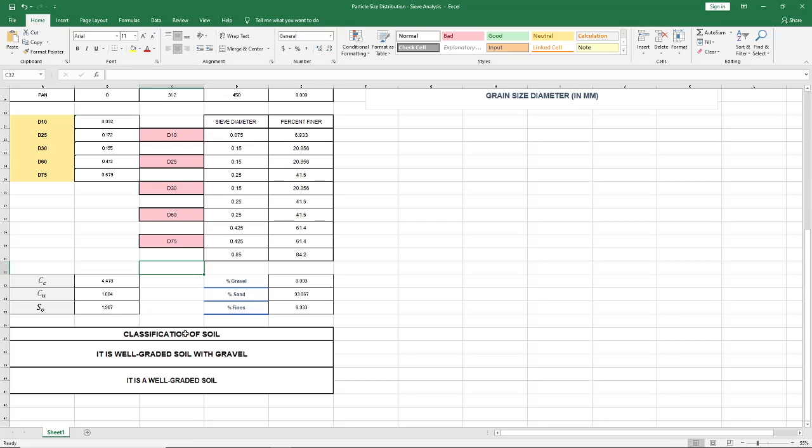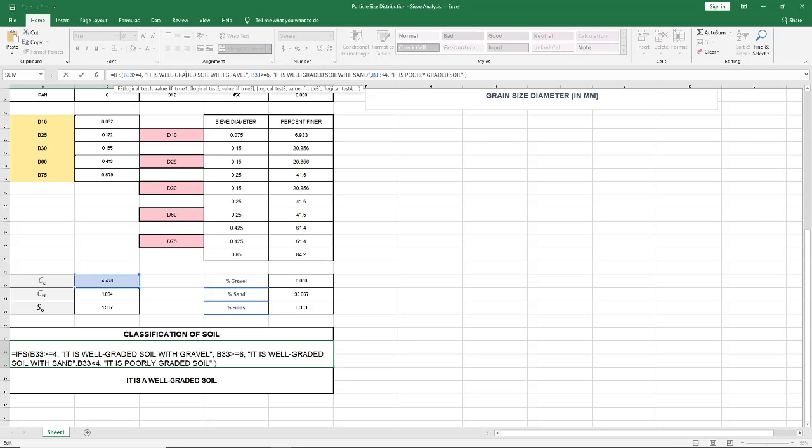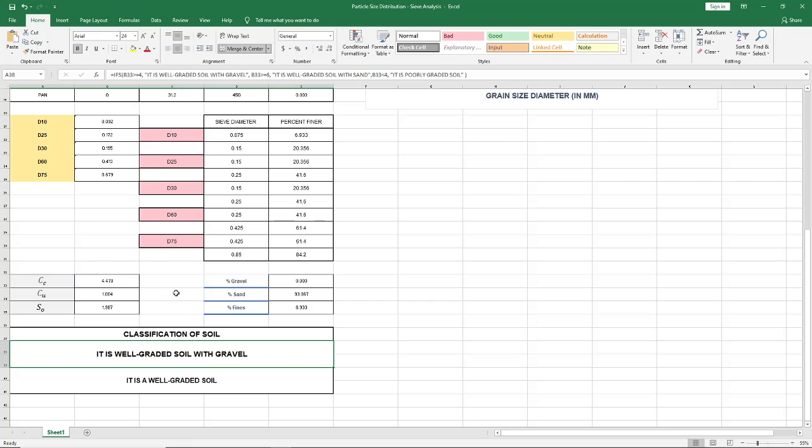After it, we will now classify the soil, whether it is graded and what it has in its mixture. To determine it, I have given the following logical test. To know that it is a well-graded soil with gravel or with sand: if CC is greater than 4, then it is well-graded soil with gravel.